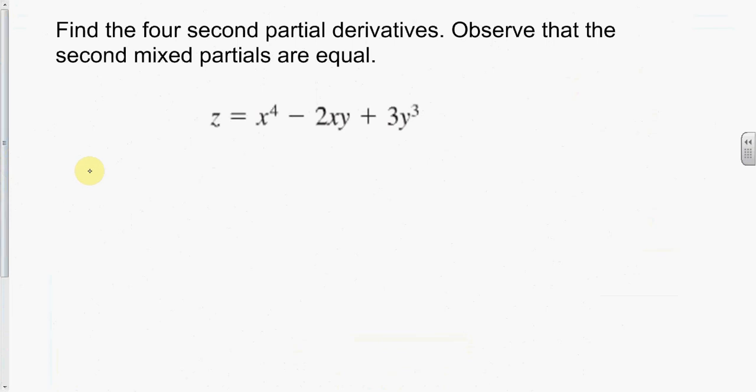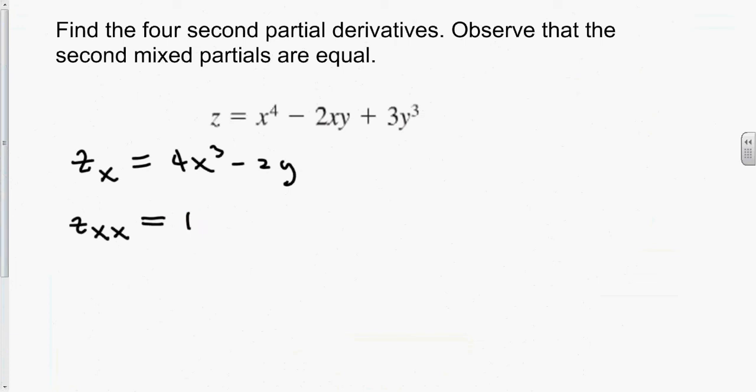Here, find the 4 second partial derivatives and then observe that the second mixed partials are equal. So here we find the partial of z with respect to x. This is 4x to the third minus 2y. Find now the partial of z with respect to x twice, so the second partial of z with respect to x, if you will.